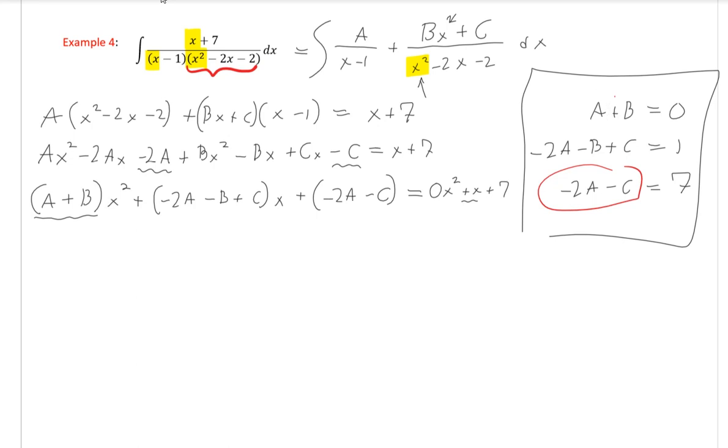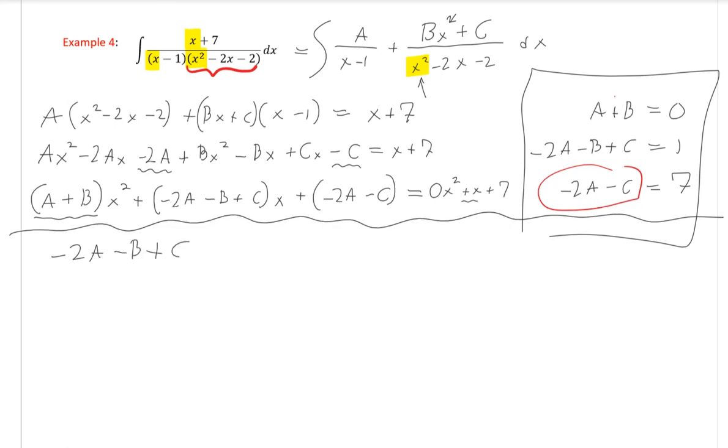I'm going to take the minus 2a minus b plus c, and simply add my top equation of a plus b and no c equals 0, because if I add this together, I will cancel out the b's. Minus b plus b is 0 b's. Minus 2a plus a will give me minus a, and c plus nothing will give me c equals 1.